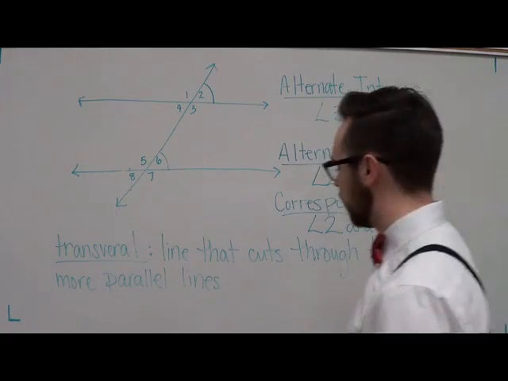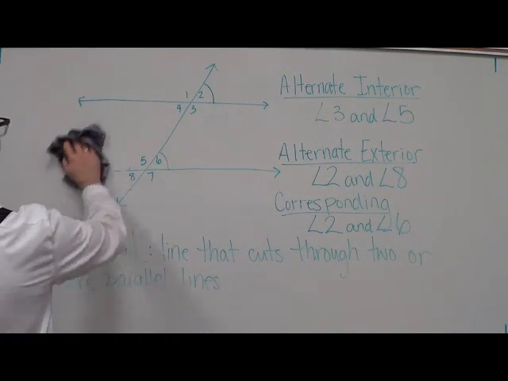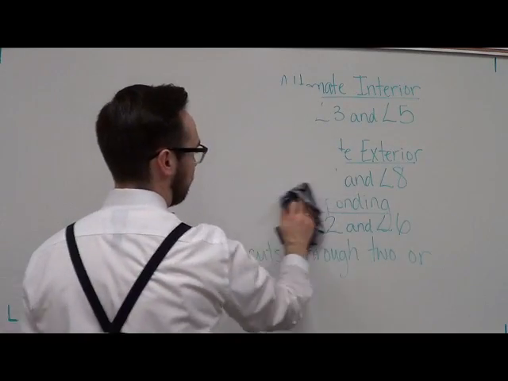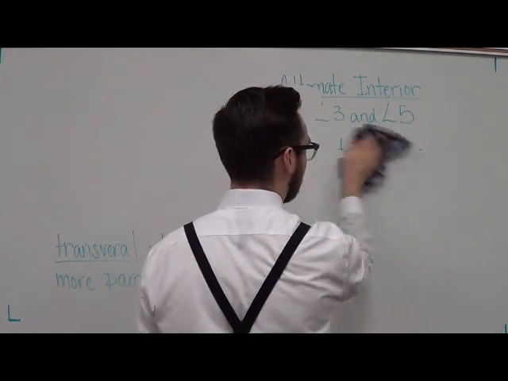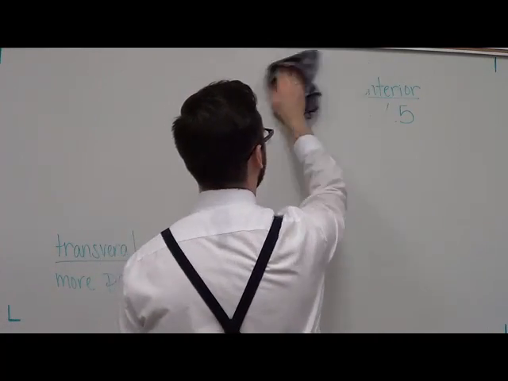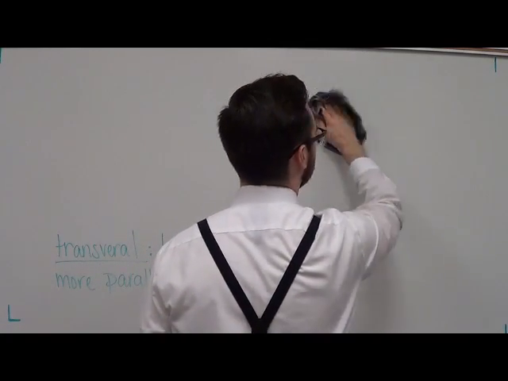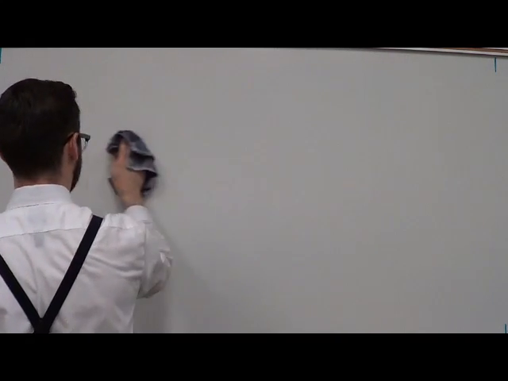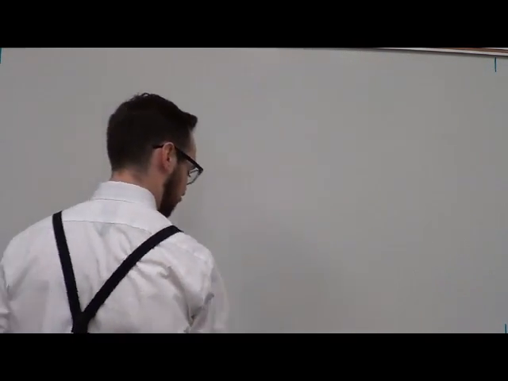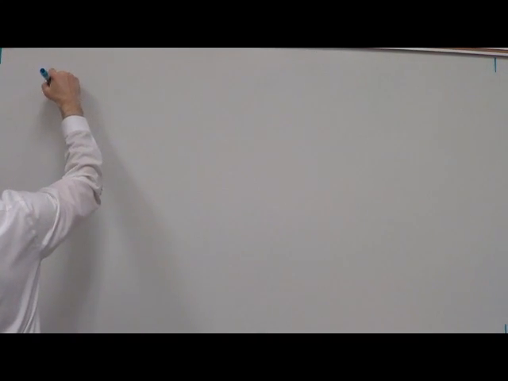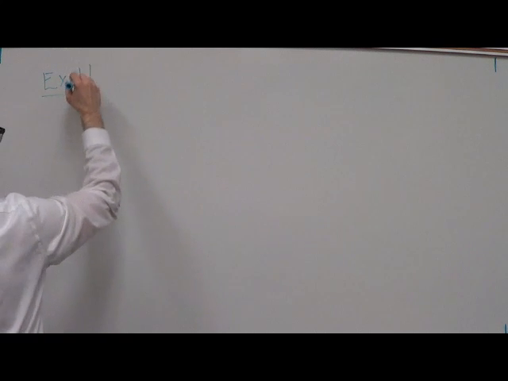So I'm going to draw a new picture up here. We're going to do an example. We're going to label some things with these different names and terminology labels from this bigger picture. So you can call this example 1 if you wish.